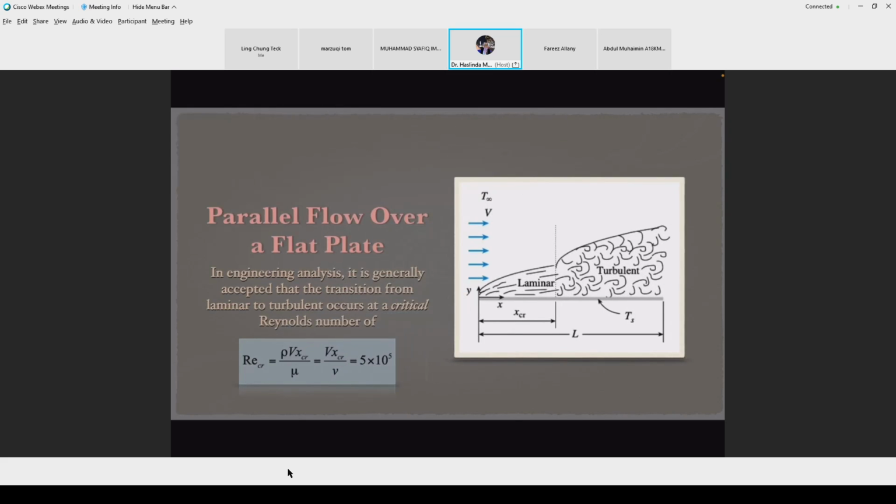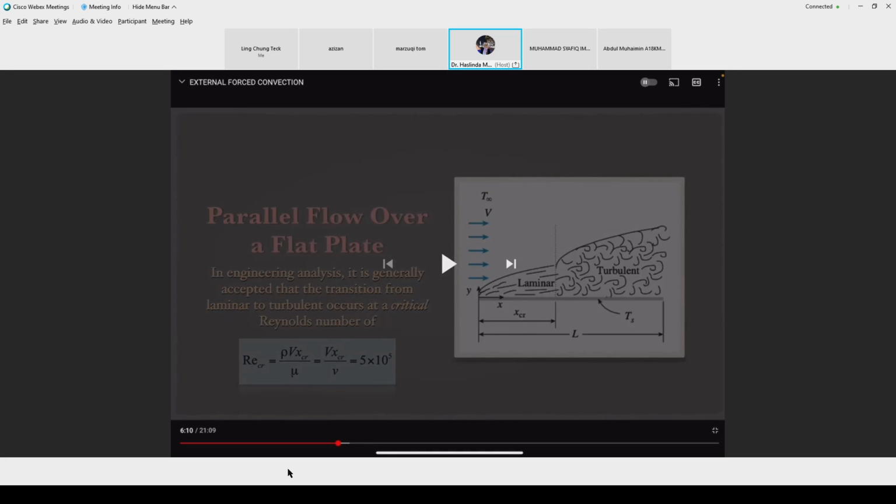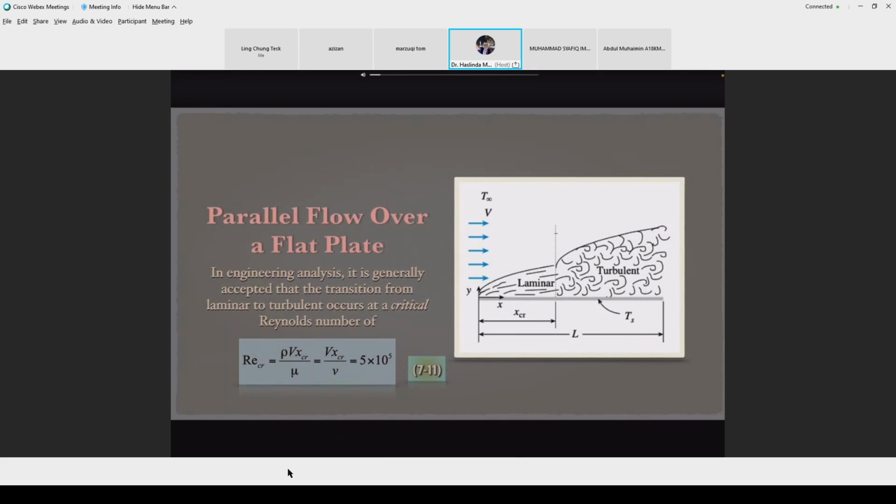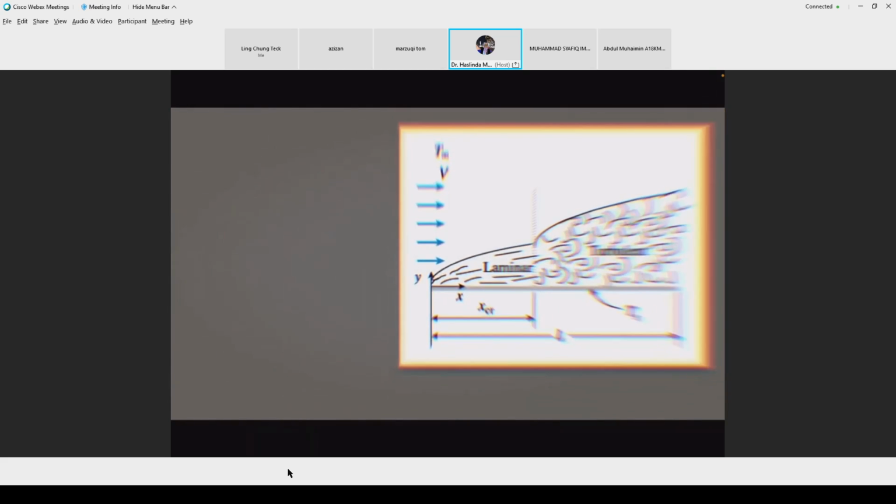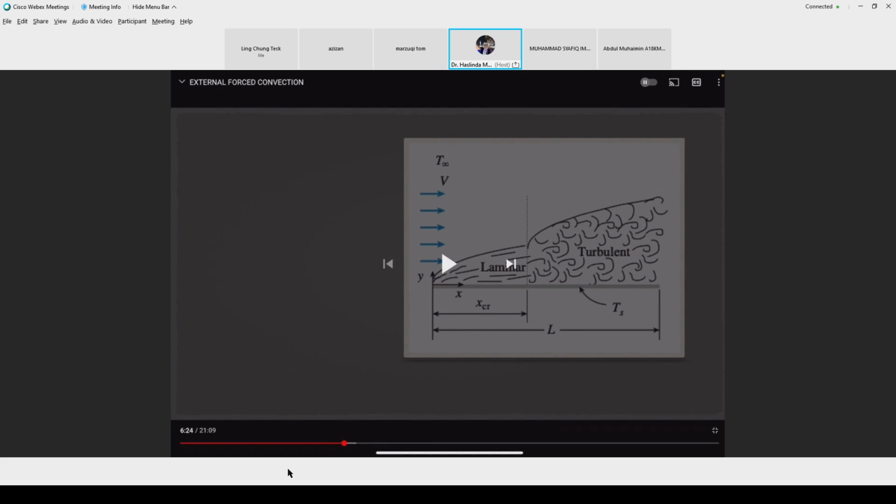Okay, and then the transition, yes? Slowkan lagu dia. Slowkan lagu ya? Lagu kat YouTube tu slowkan. Suara saya pun slowkan. Suara doktor yang nak dengar. Dah slow kan lagu kan? Okay, sekarang ni slow ke tak suara the music?